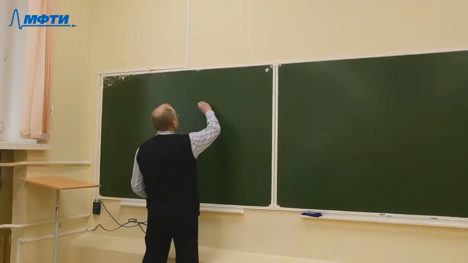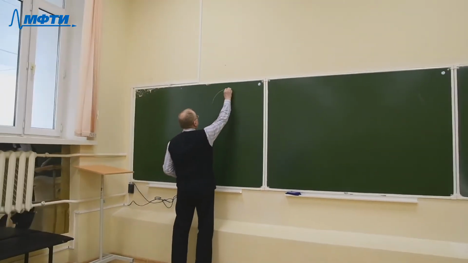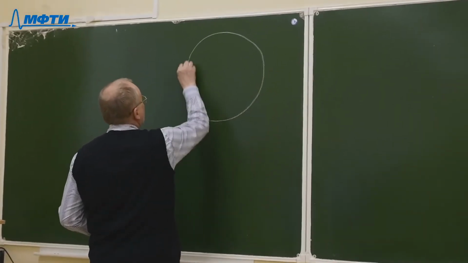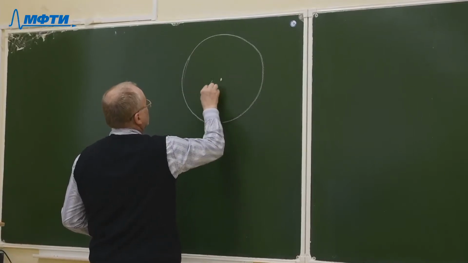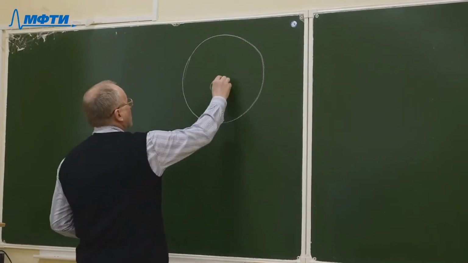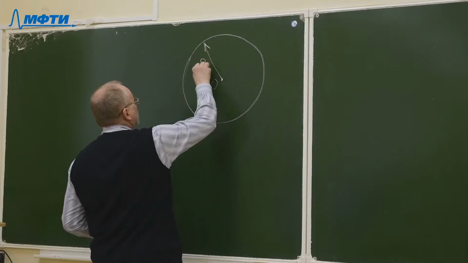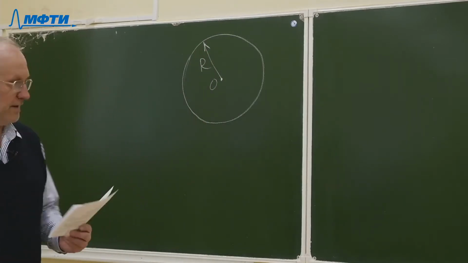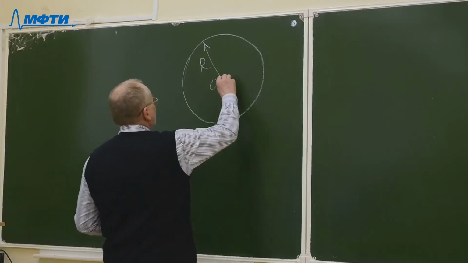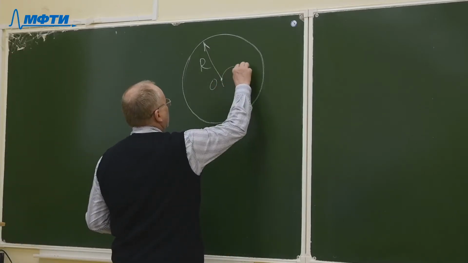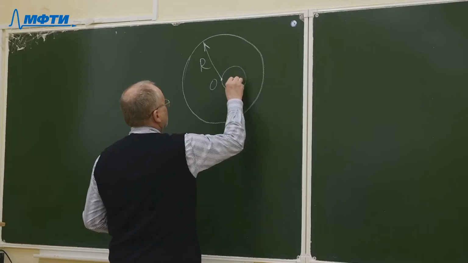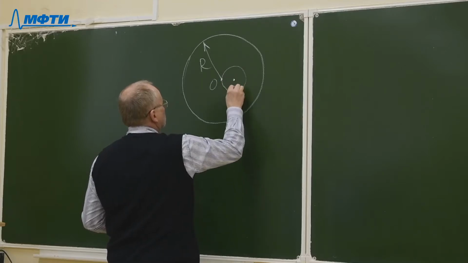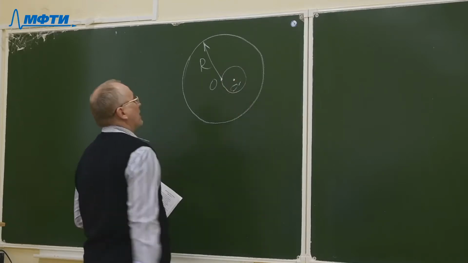So we have a large disk which can rotate about point O, and it has radius r. And also there is a smaller disk which can rotate about point O prime.